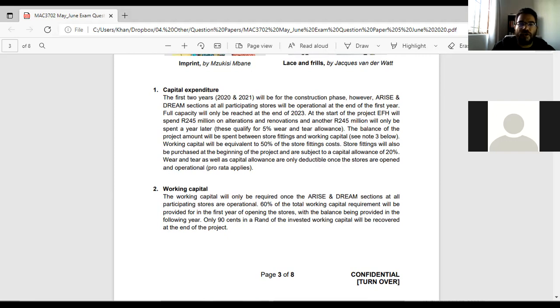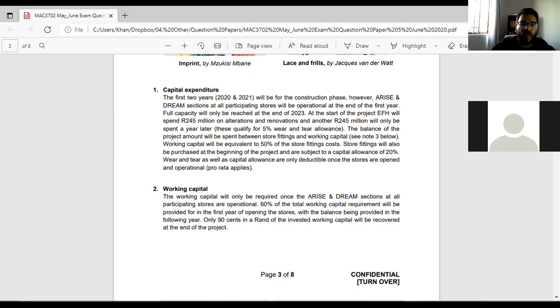They're telling you that 245 year 1 and year 2, we'll see which years. So 245s will be spent on alterations and renovations. So that comes to 490 million. They asked for 600 million, so that means we are left with 110 million. They're telling us that the 110 million will be spent between store fittings and working capital.